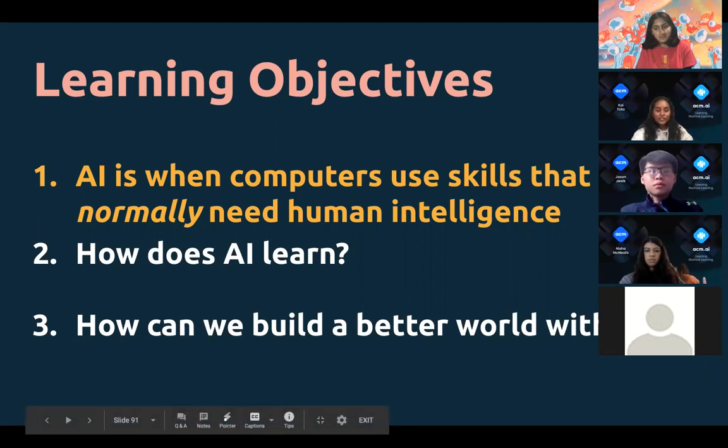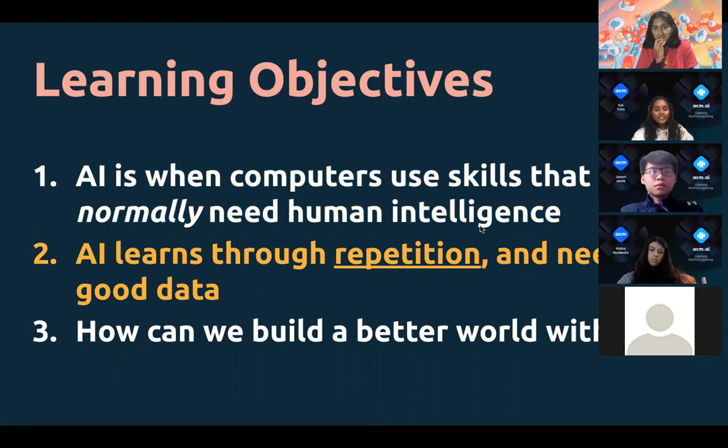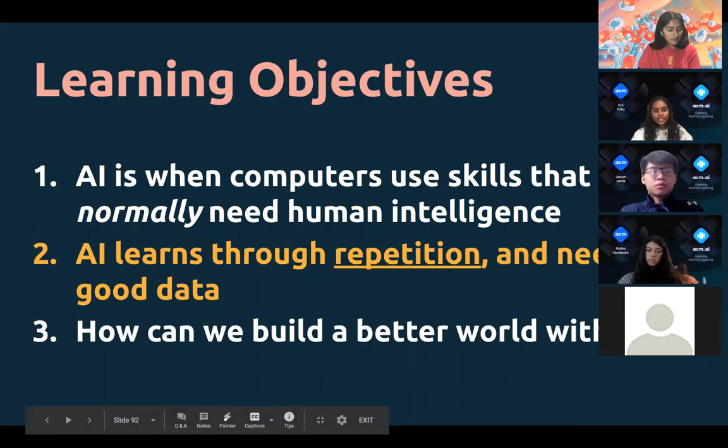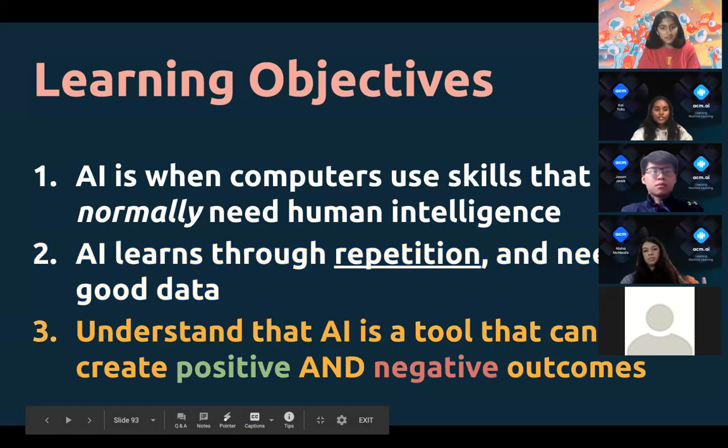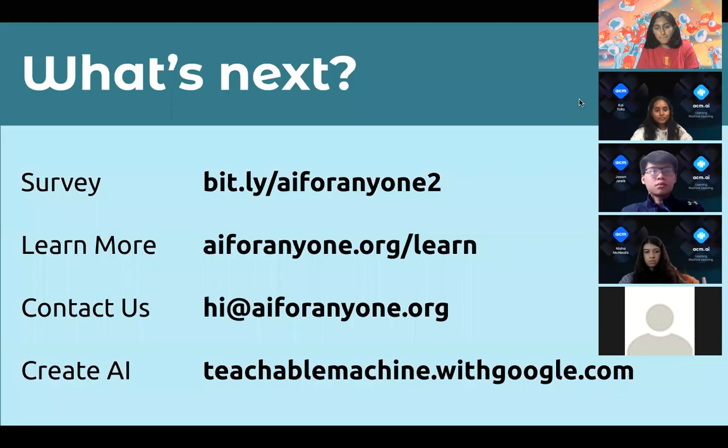We also learned how AI learns. With the game, hopefully you got the idea that AI learns through repetition and lots of examples, and it needs good data to make sure that it performs how it is intended to perform. And we also learned how we can build a better world with AI, which is to understand that AI is a tool that can create positive and negative outcomes, and we have to weigh all the implications before putting it into use.